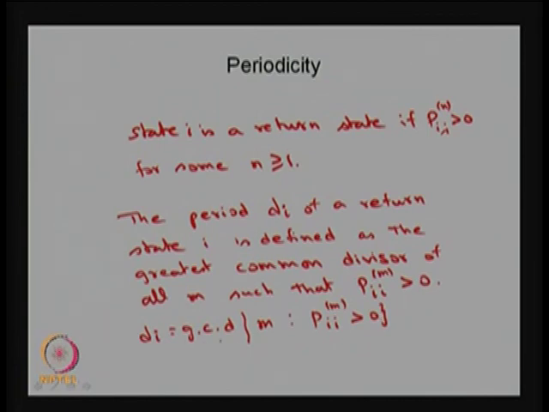If the greatest common divisor of the collection of m such that p_ii(m) is greater than 0 is going to be 1, then we say that state is the aperiodic state. Otherwise, if it is greater than 1, whatever integer you get is going to be the period of the state i. If the period is 1, then we call it the aperiodic state.